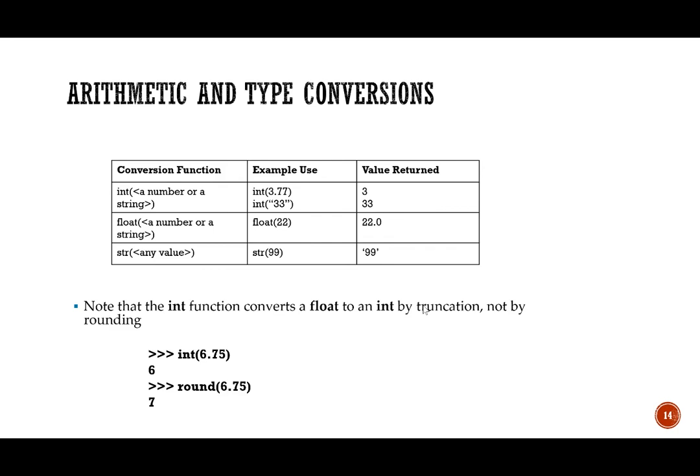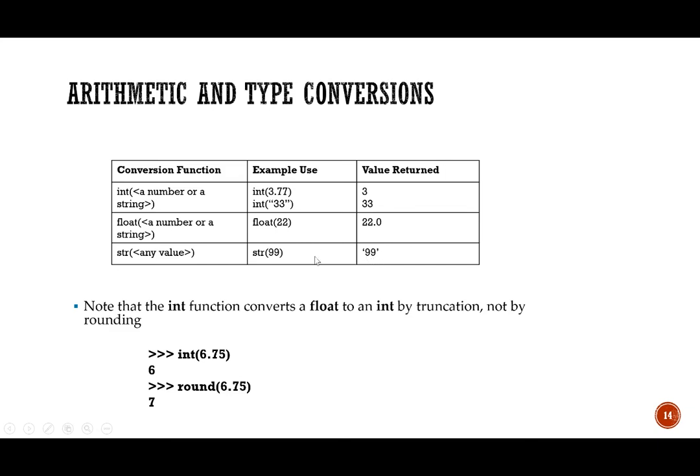Or if you have a string, so you have a number, but it's inside quotation marks, then you apply the int function, and it becomes an integer. Float makes a number a float. For example, float of 22, then you see a decimal point and a number after the decimal point.